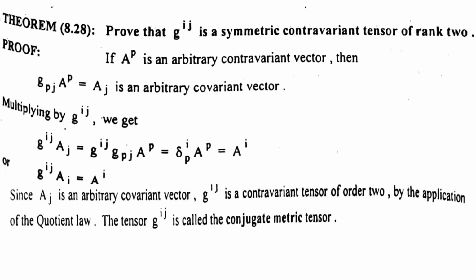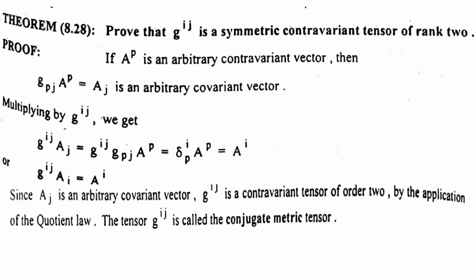Next theorem: prove that g^ij is a symmetric contravariant tensor of rank 2. If A^p is an arbitrary contravariant vector, then g_pj A^p is equal to A_j. As we contract p with p, we remain with A_j, an arbitrary vector. Multiplying by g^ij, we get on the right side g^ij A_j, which is equal to g^ij g_pj A^p.